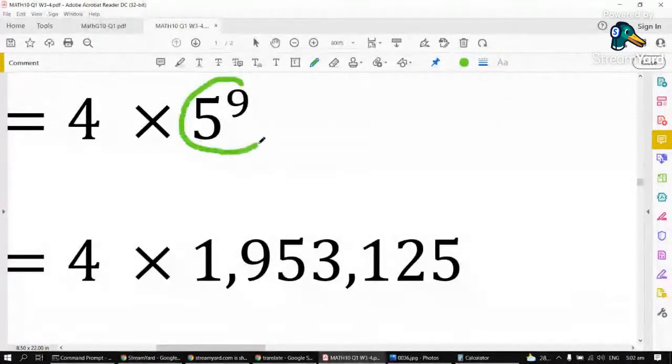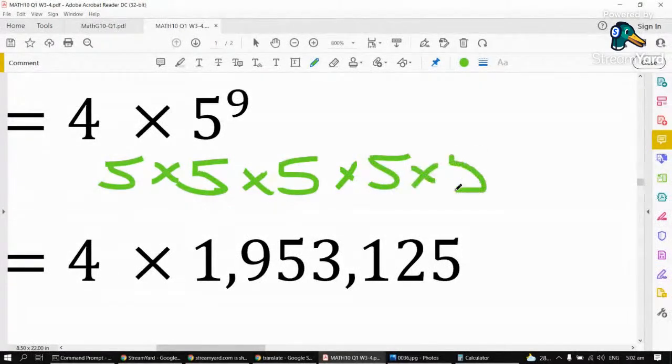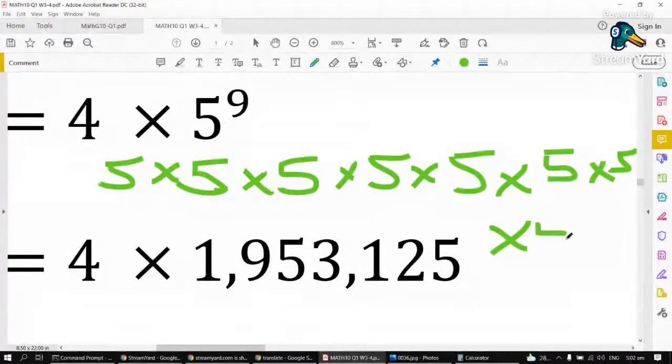Ang ibig sabihin ng 5 over 9 is 5 times 5 times 5 times 5 times 5 times 5 times 5.